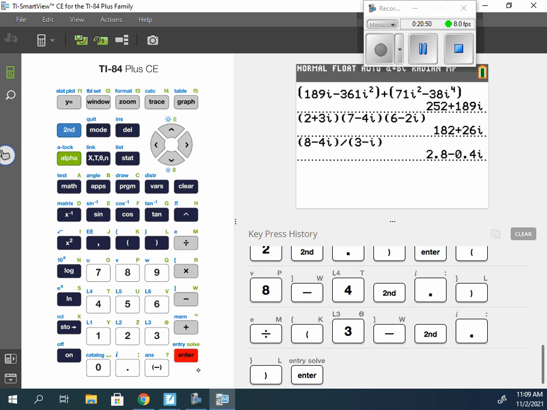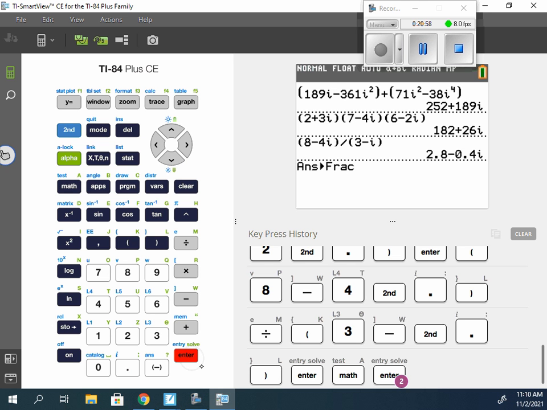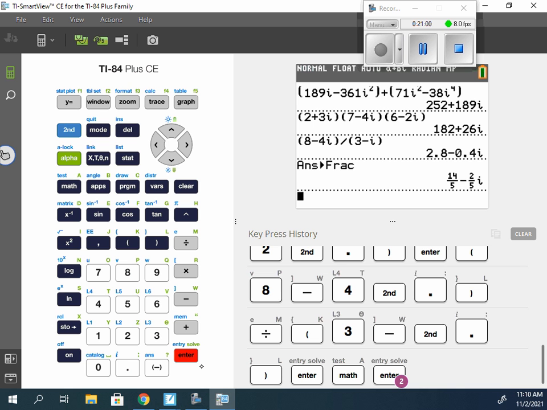Now, once you typed it in and hit enter, it gives you the answer. Most likely it will be in decimals. But what we have to do is hit math, enter, enter to bring it up as a fraction. We'll want it in fractional form.